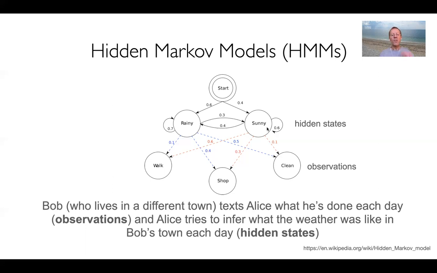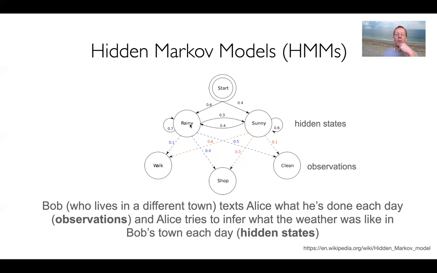So she comes up with this idea that maybe she could construct a hidden Markov model that would help her predict, or derive, what the weather was like, say, the 7 days last week, from the information she has available, namely the activities of Bob.